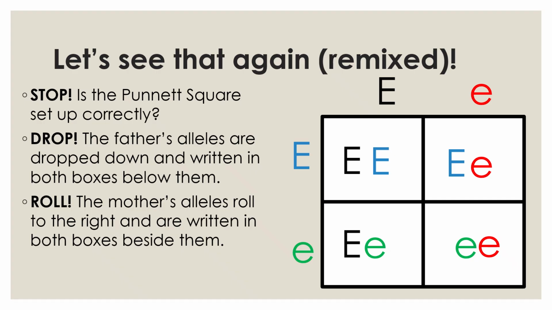Remember, these are just possibilities. What it means is if you had a large enough group of offspring and you looked at their genetics and their phenotypes, then you would see a rough distribution that is similar to the Punnett square.